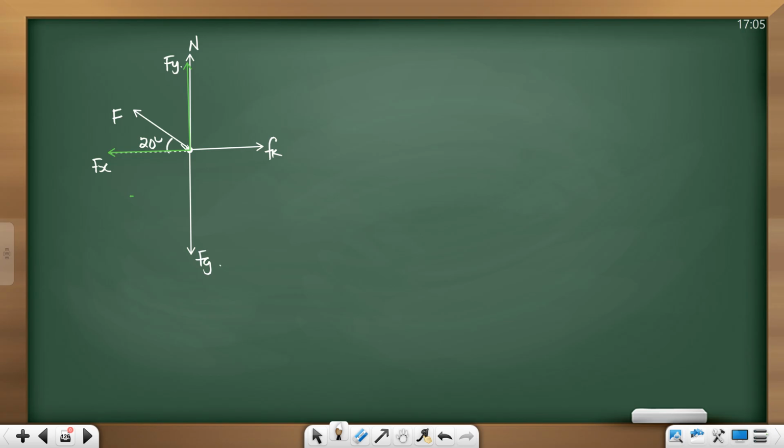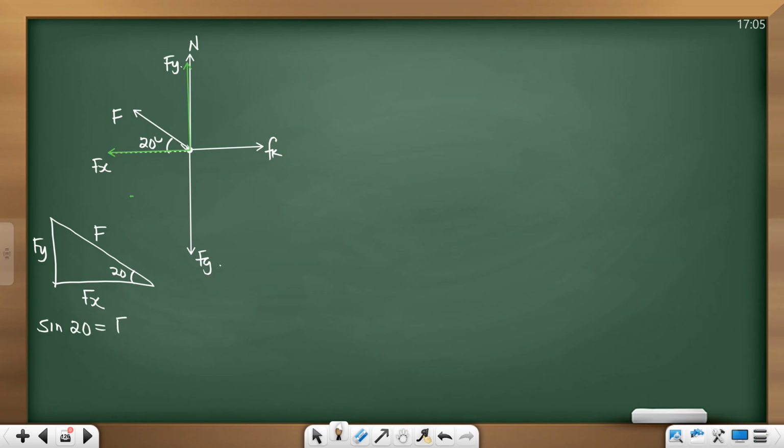The second thing is I write down the values or the expression. Look at my triangle. Please, I'm going to slow down here a little bit. That is my 20 degrees. This is Fy, and this is what? And that is F. If you are not sure, just use sine 20 and cos 20. What is sine 20?